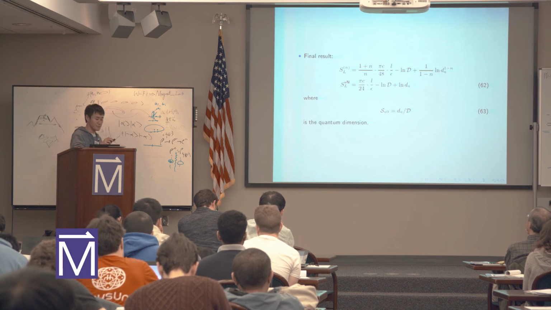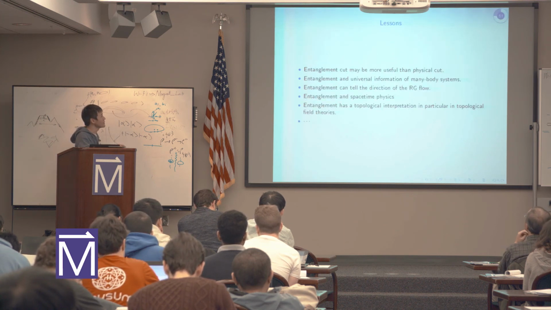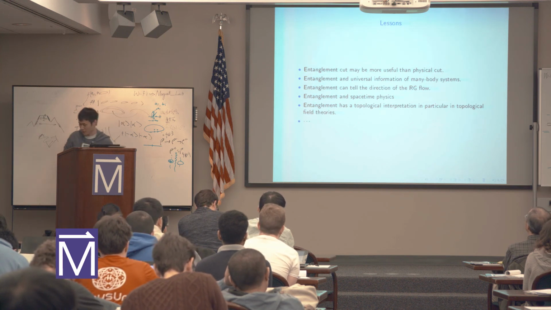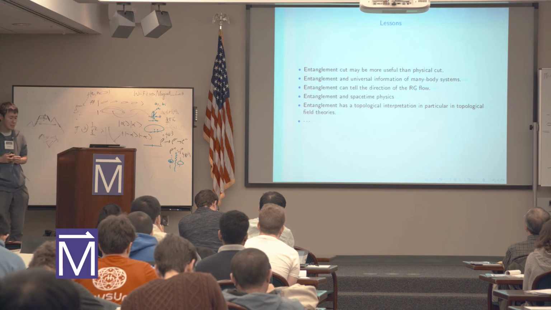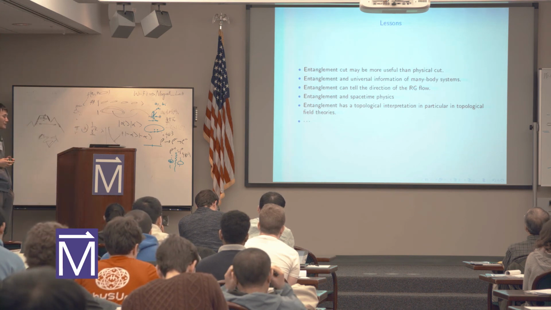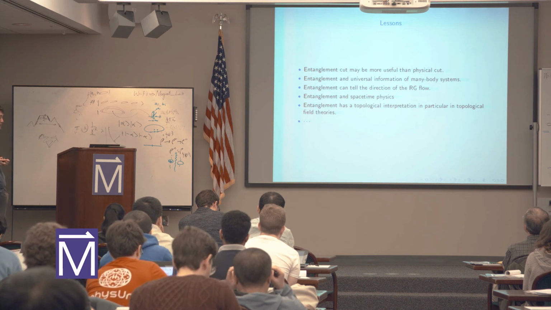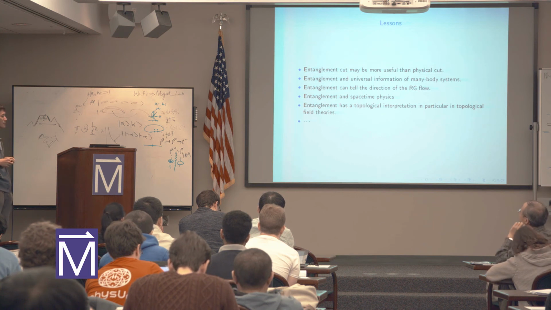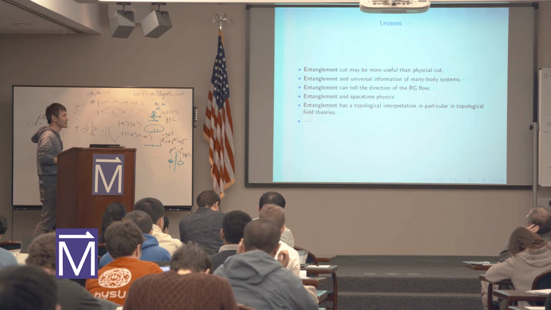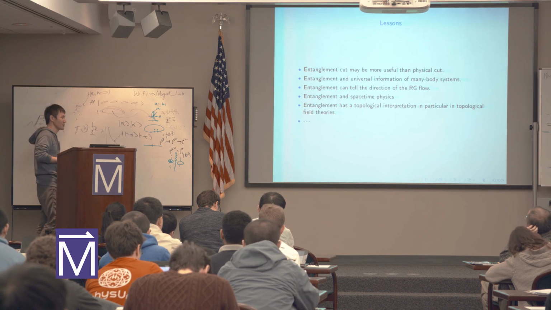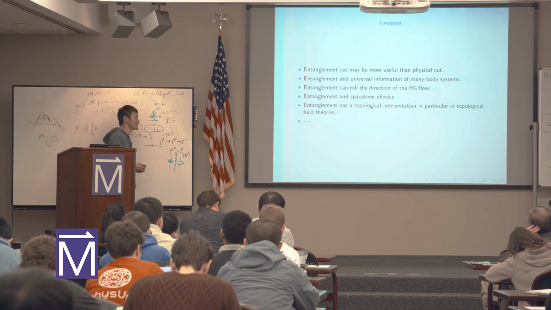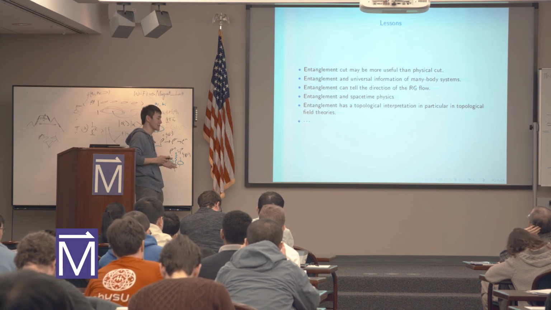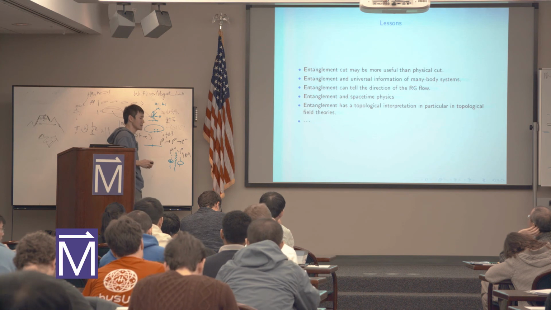OK, so I think that's all I prepared. I presented the idea of using entanglement, or the scaling of the entanglement entropy, to characterize different phases of matter. I think it's still ongoing. Whether we can fully characterize different phases of matter just by using entanglement is an interesting question.